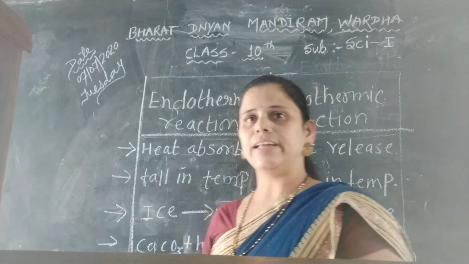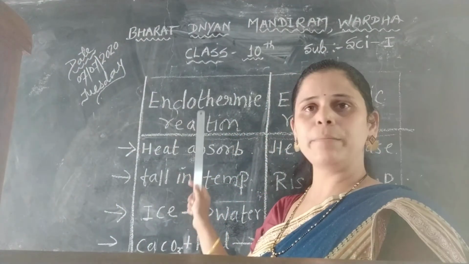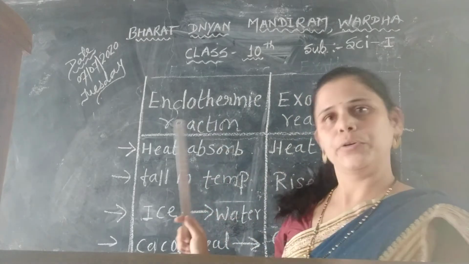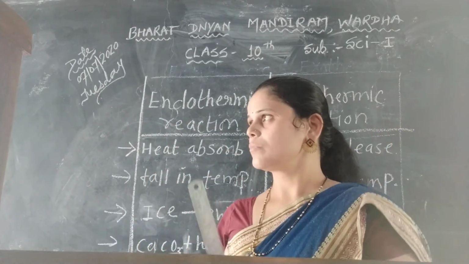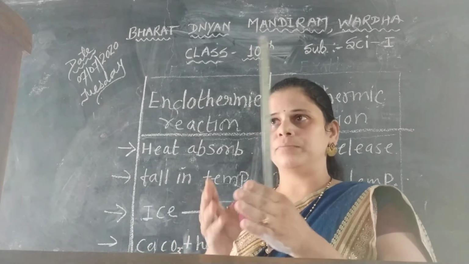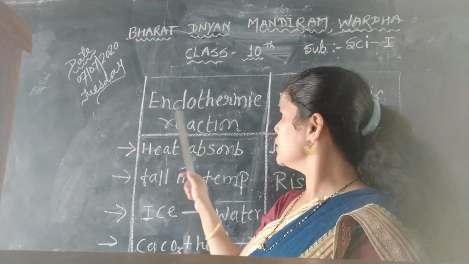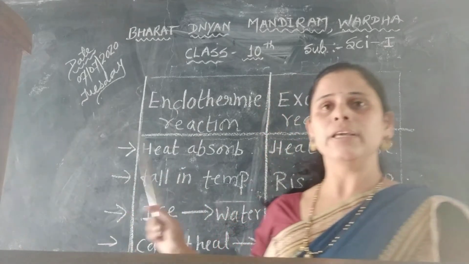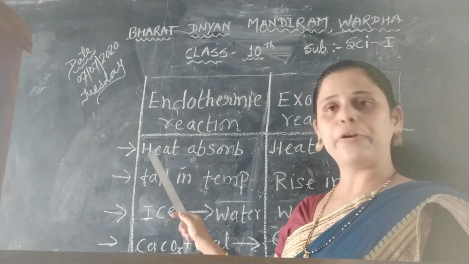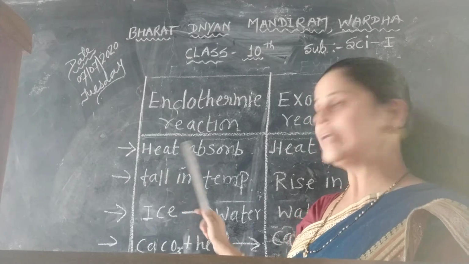Next, we will see the definition of the endothermic and exothermic reaction, and we will differentiate both the terms. So, what is the endothermic reaction? In this reaction, as I already told you, the heat is absorbed.